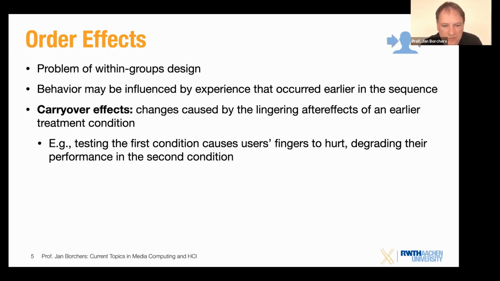You can have carryover effects that are negative. For example, you might get something where in the first condition, the user has to do a lot of typing or something very quickly, and their fingers hurt. So they're going to be slower in the second condition.